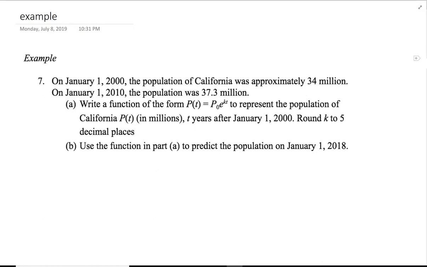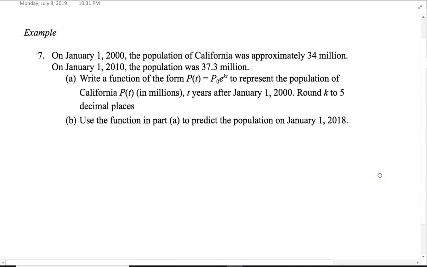Let's look at some other applications of logarithmic and exponential functions. This question says, on January 1, 2000, the population of California was approximately 34 million. On January 1, 2010, that's 10 years later, the population was 37.3 million.